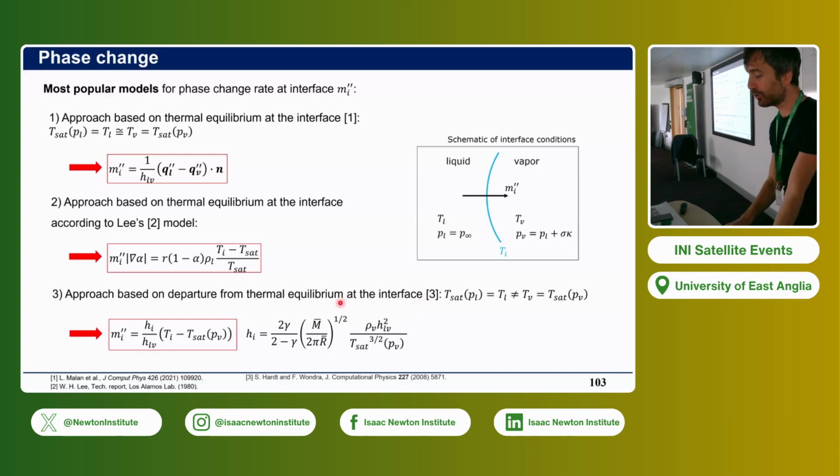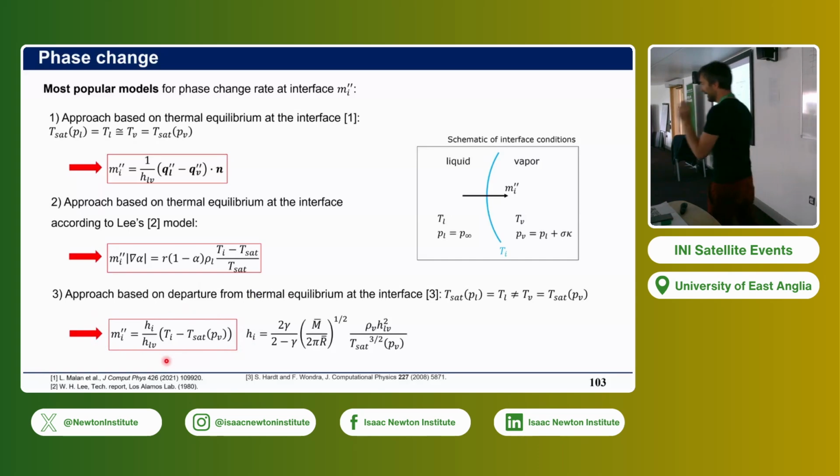And I'm not showing you all the derivation of this expression here, but it starts from a Maxwellian distribution of the velocity of the molecules near the interface. It calculates how that velocity will depend on temperature and pressure on either side of the interface.